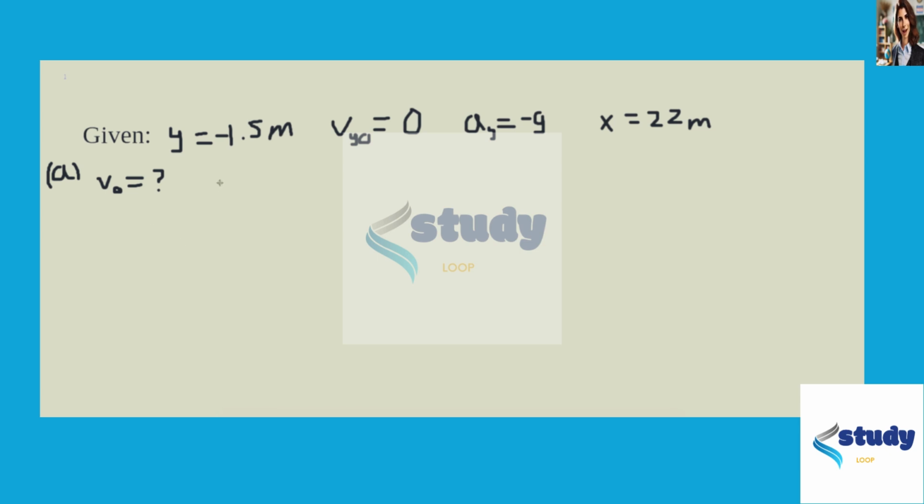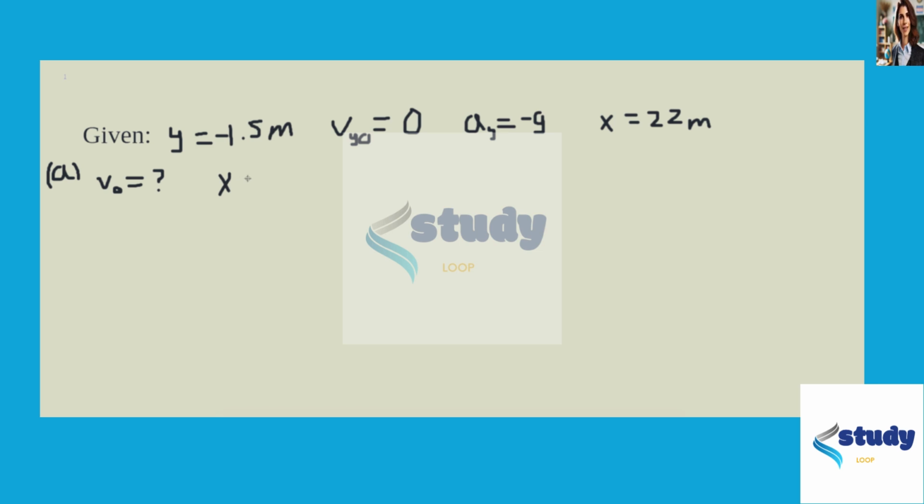Okay. Well, to solve this problem, we are going to consider that the choice of the origin of the coordinate system is going to be the location where the car leaves the ramp, and choose the upward position to be the positive y direction.